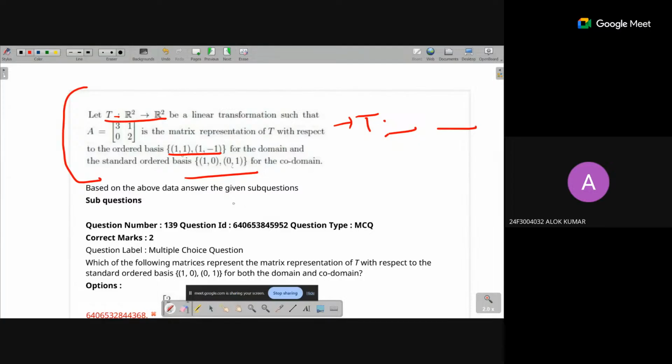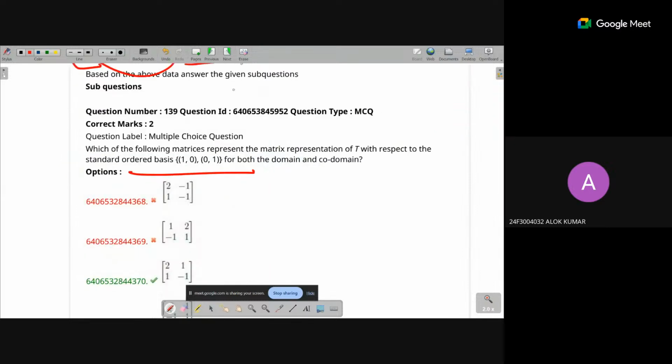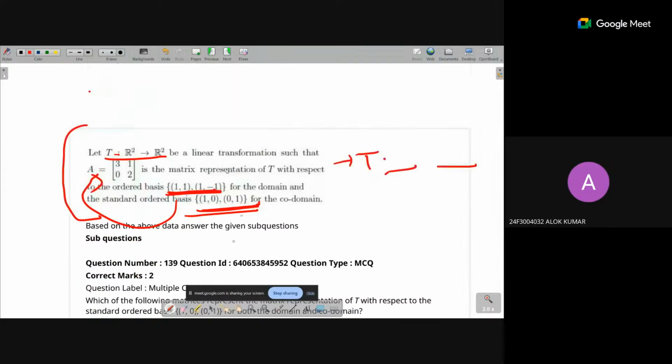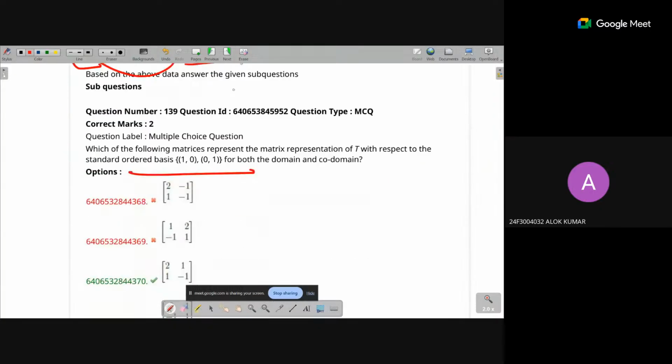This was the given matrix for this ordered basis, and it is asking, if this is the ordered basis for both domain and codomain, what will be the matrix.